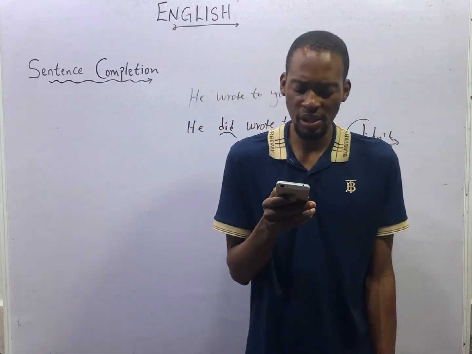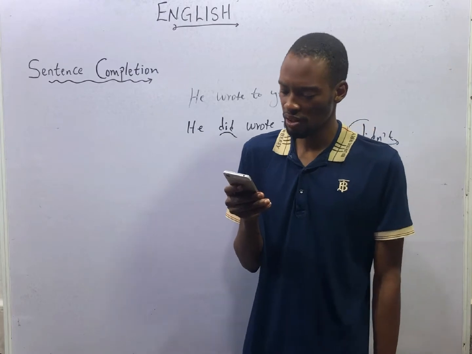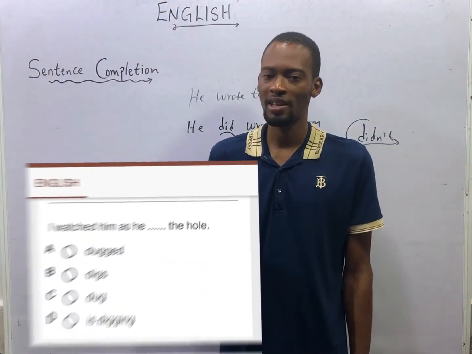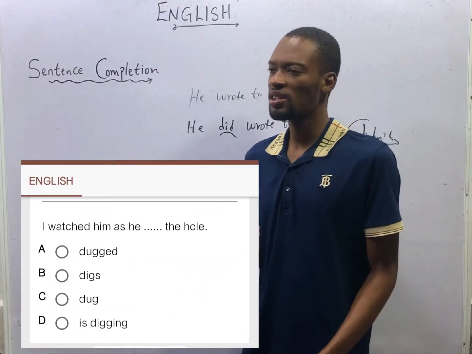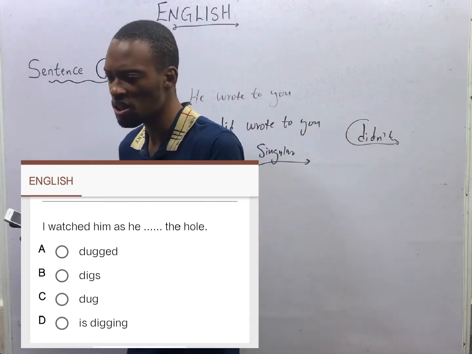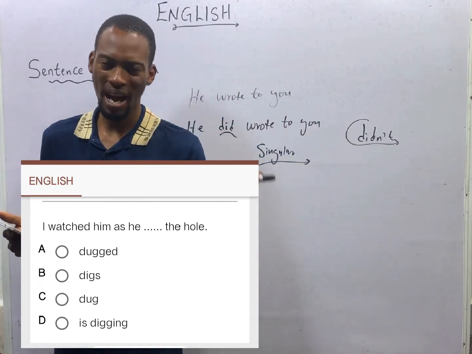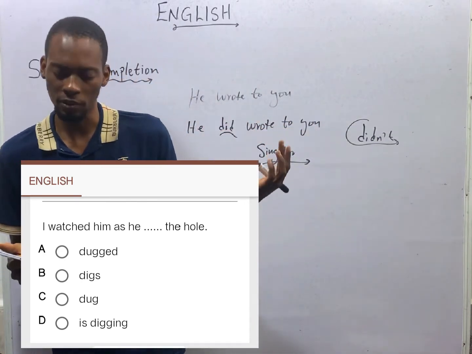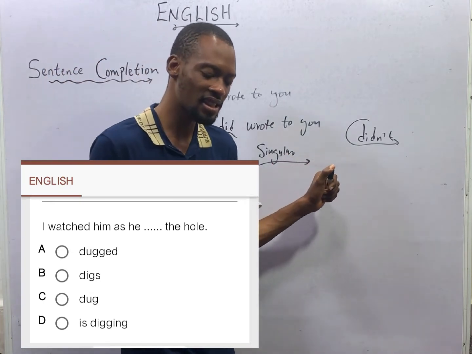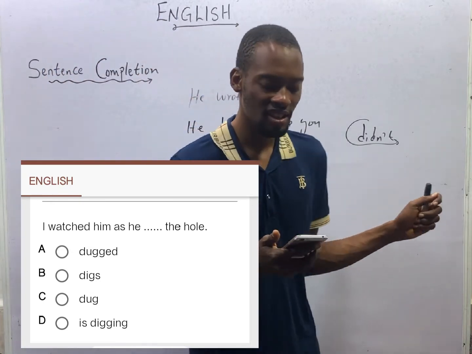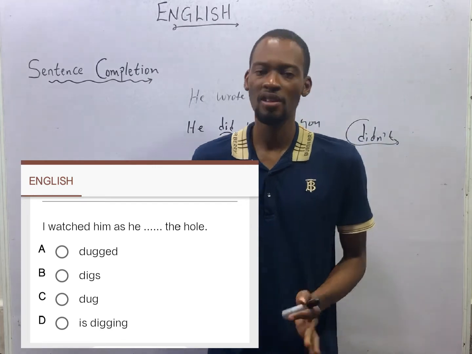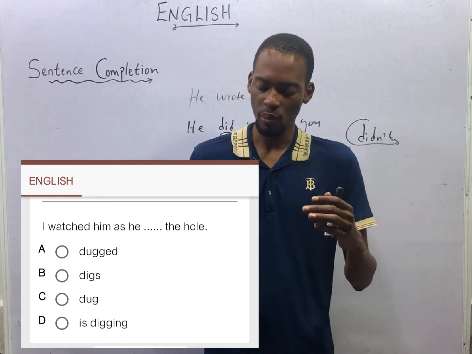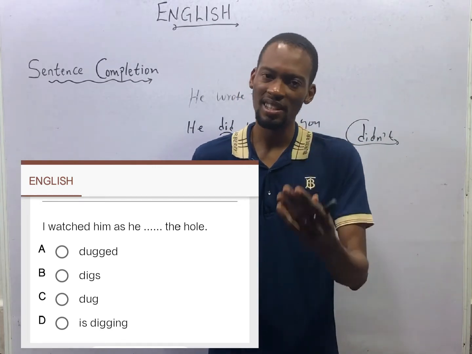I watched him as he dug the hole. Now, I watched. Watch means past, something that already happened. As he is digging, his present continues. As he digs, his present tense.